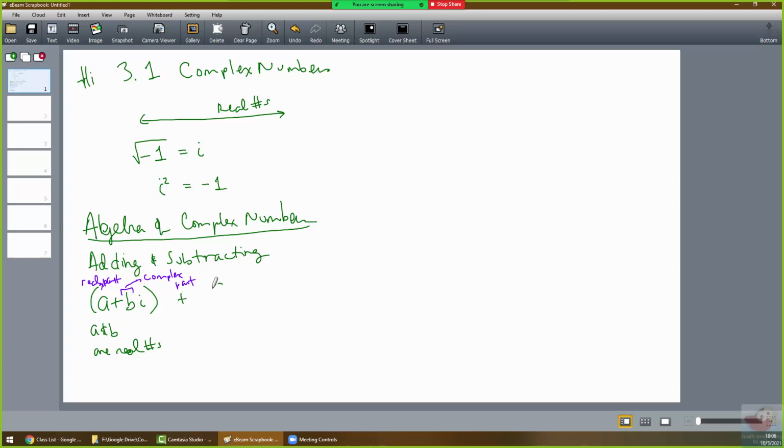So when you are adding complex numbers, if we had another complex number there called c plus di, all you do is add the real parts and add the complex parts.